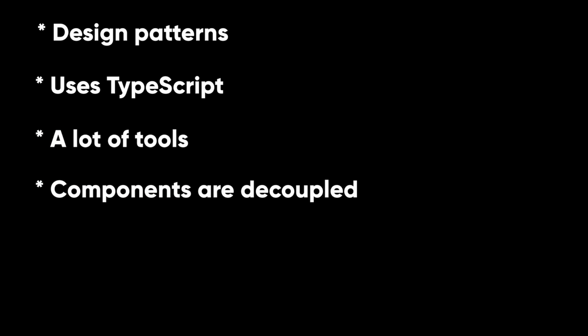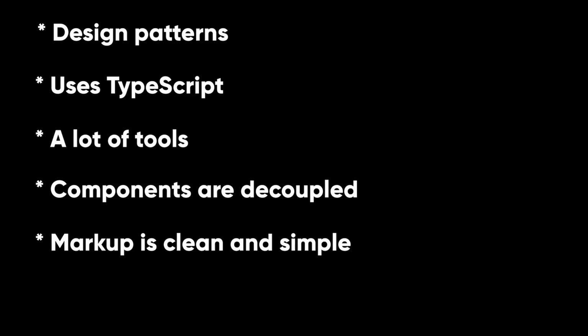Components are decoupled. Angular strives to remove the tight coupling between various components of the application. Injection happens in Node.js style, and you may replace various components with ease. All DOM manipulation happens where it should happen. With Angular, you don't tightly couple presentation and application logic, making your markup much cleaner and simpler.